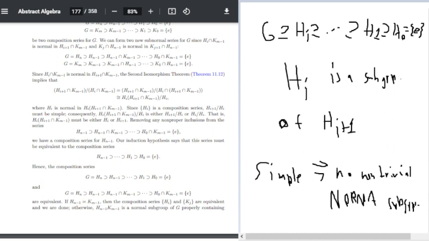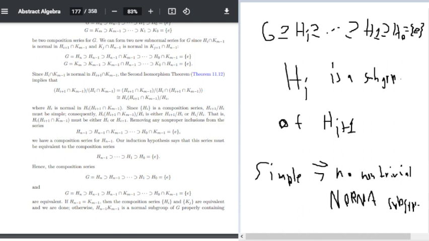Since H_i is a composition series, H_{i+1}/H_i must be simple. Consequently, H_i(H_{i+1} ∩ K_{m-1}) / H_i is either H_{i+1}/H_i or H_i/H_i. That is, H_i(H_{i+1} ∩ K_{m-1}) must be either H_i or H_{i+1}.